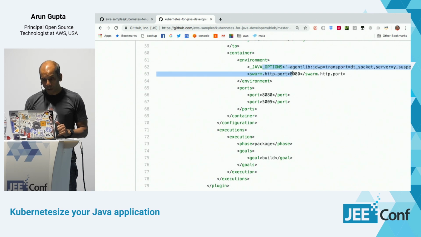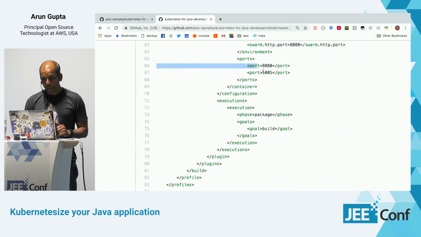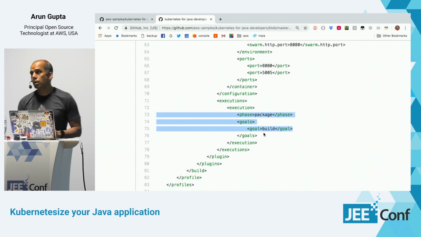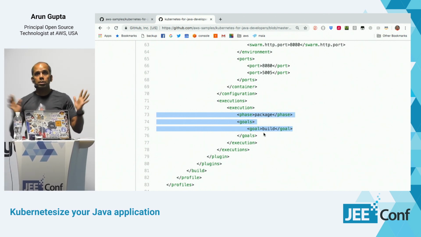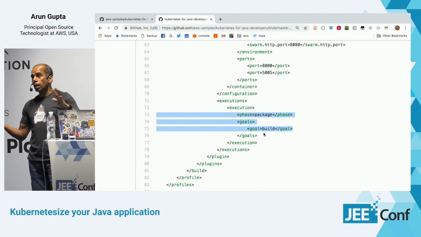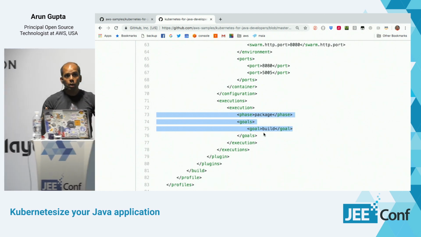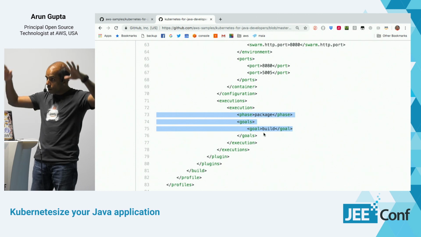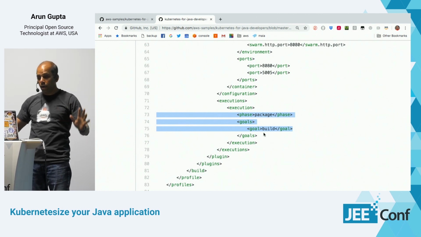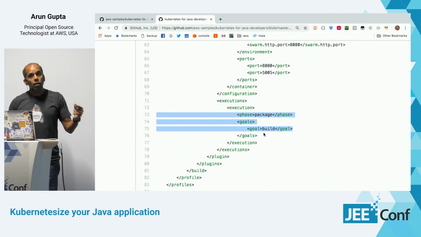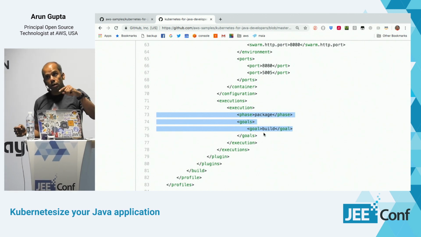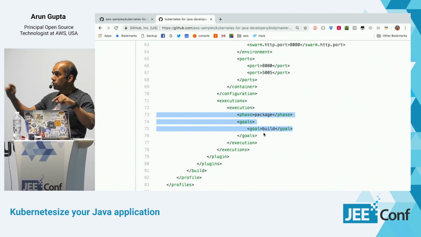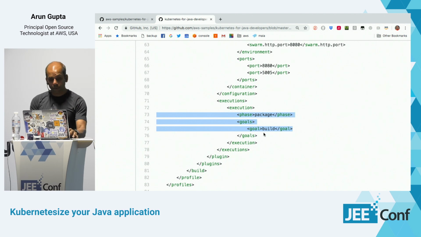Specify these environment options and port, and tie the build and the package phases together. That's it. Okay? So once I do that, then Jib will take an opinionated approach. It will automatically create your Docker image. Everything stays as part of Maven. And of course, there's a Gradle plugin as well. But then, the moment you give the command mvn package -Pjib, it'll now create a Docker image for you.